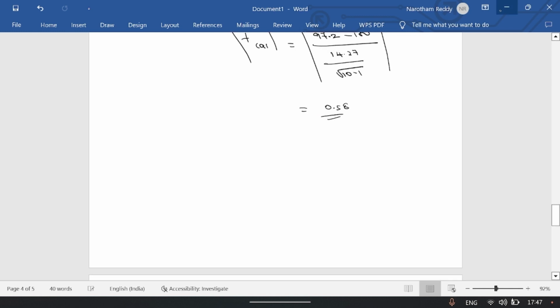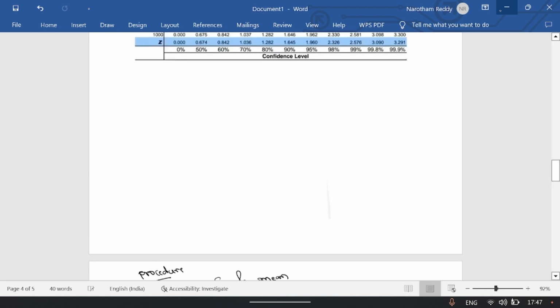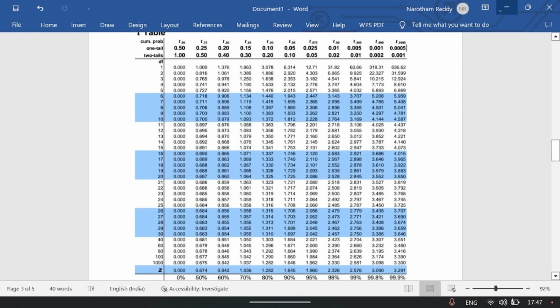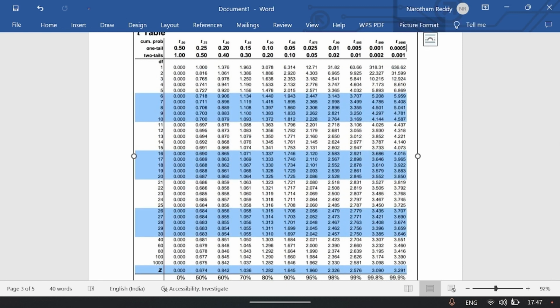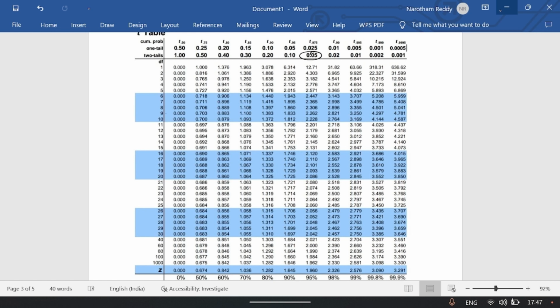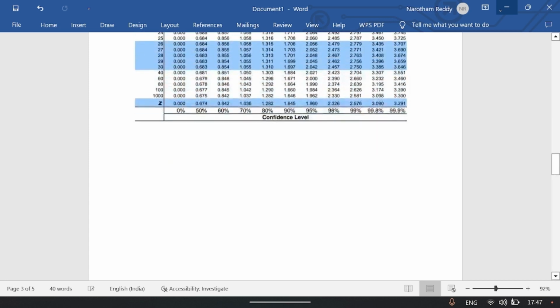Now coming to conclusion, T tab value, at level of significance and degree of freedom, which are 0.05 and 9. From the T table, two-tail test, at 0.05 and at 9 we get 2.262.